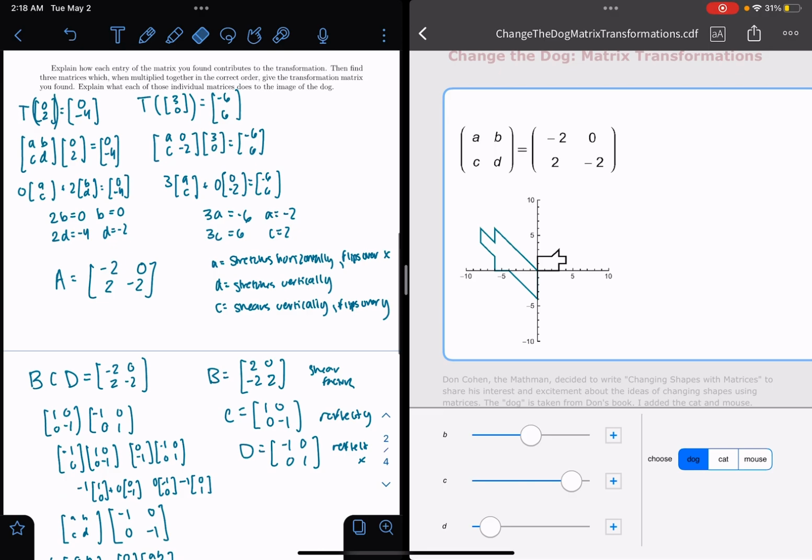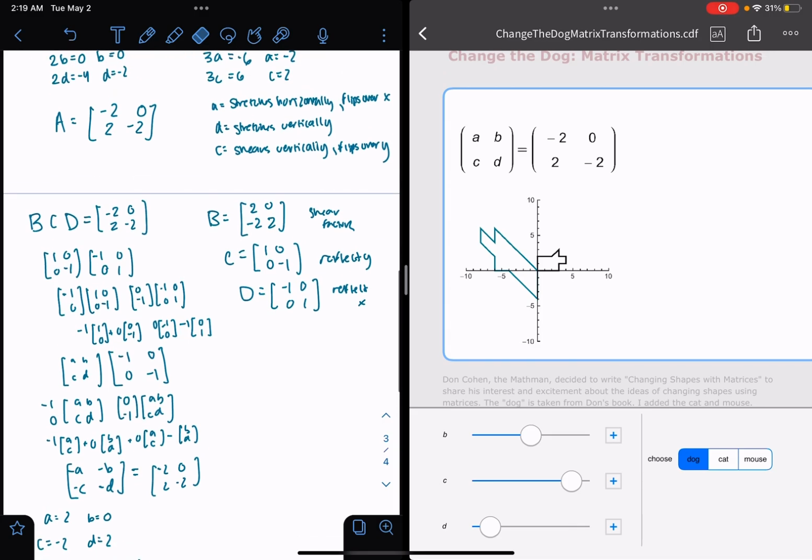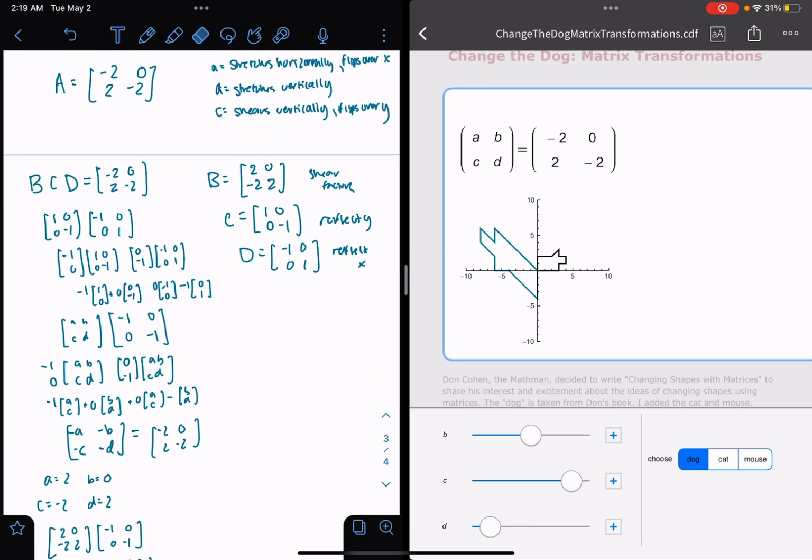And then I went ahead and looked for 3 matrices that would multiply together, in the correct order, to give the matrix that I just found. This was just the process that I did to get my answer. I knew I needed these 2 reflections to happen, so I just used the basic reflection matrices and multiplied them together.